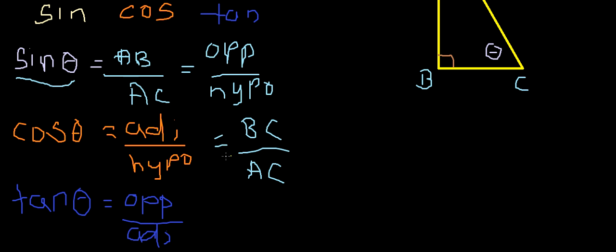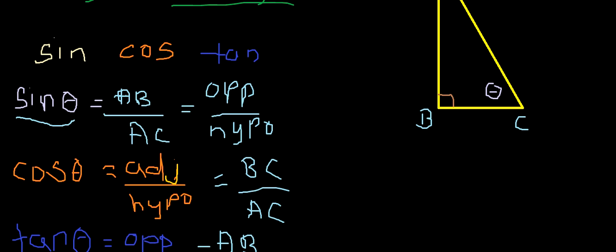So you might have guessed what opposite upon adjacent will be. Yes, it will be AB upon the adjacent of theta, which is BC. So tan theta is AB upon BC.